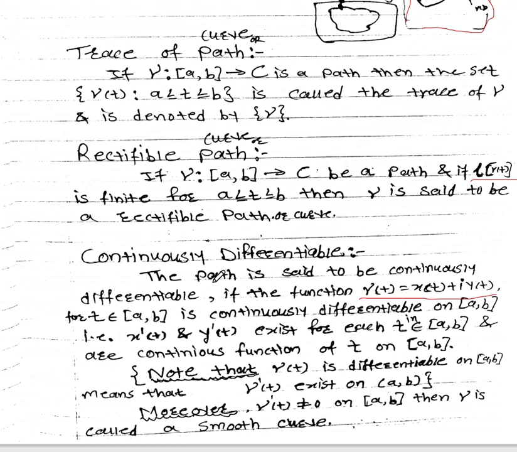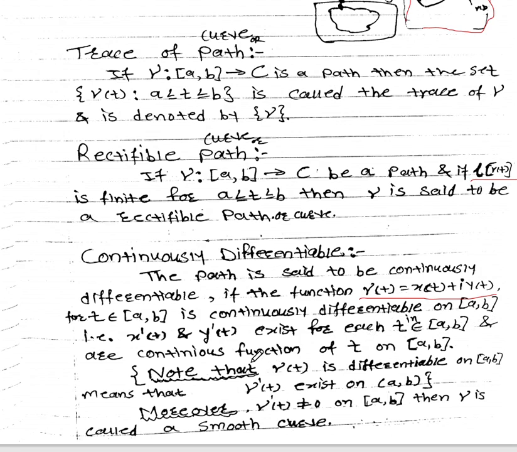We say that the given function is continuously differentiable if gamma of t equal to x of t plus i y of t, for t in [a, b], is continuously differentiable on the closed interval [a, b]. Suppose gamma of t is continuously differentiable in the given range, which is a to b.